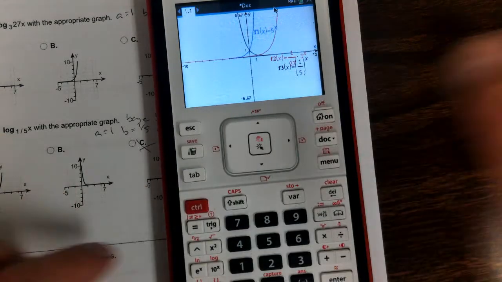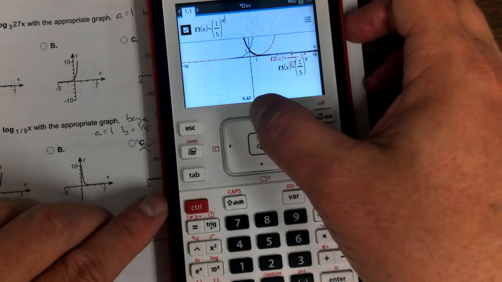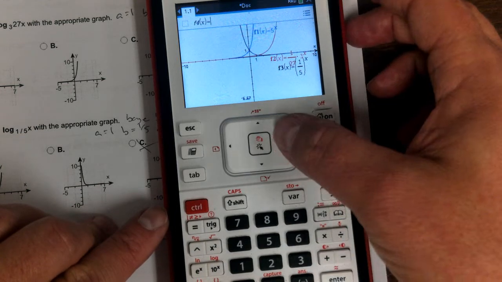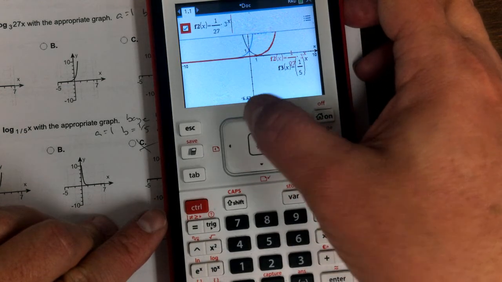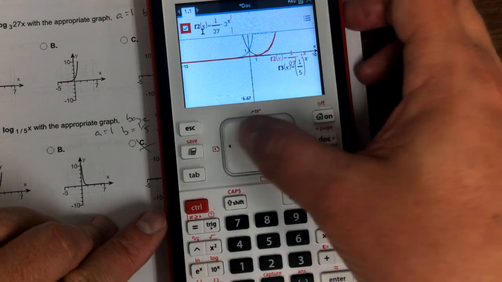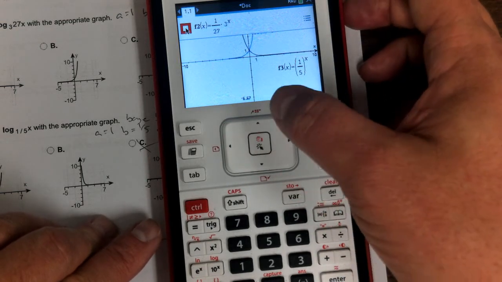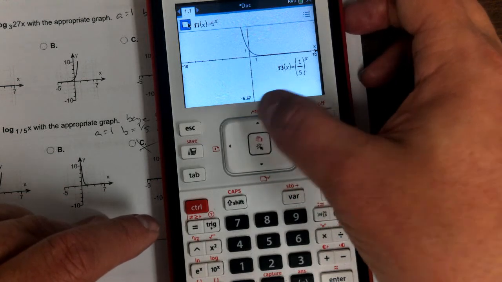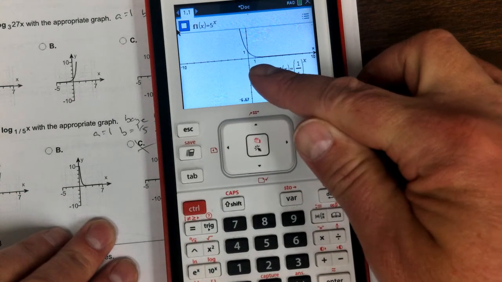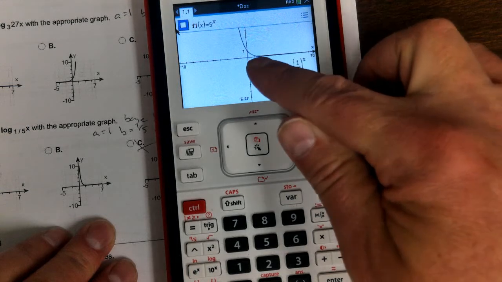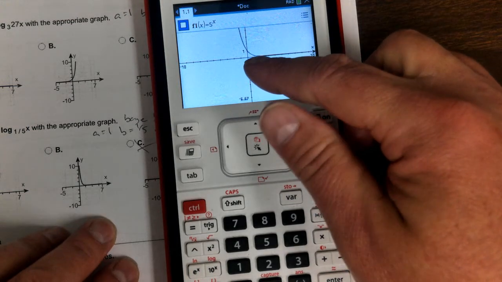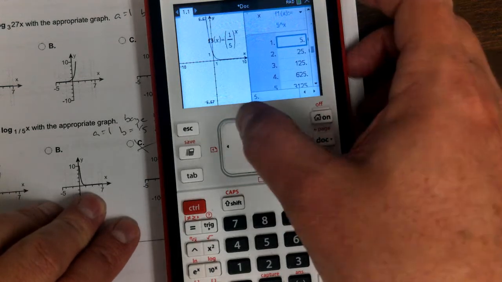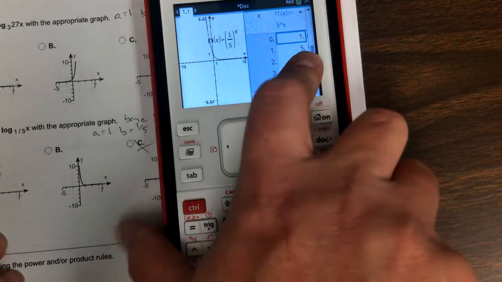If I disable the other graphs by unchecking them, I might be able to see a little bit easier. Okay, by pressing enter it didn't disable it, so I have to move my mouse pointer and do it like this. Okay, so now you can see that you actually have a y-intercept that's relatively small. I guess you could have technically looked in your table at 0 and seen the y-intercept.